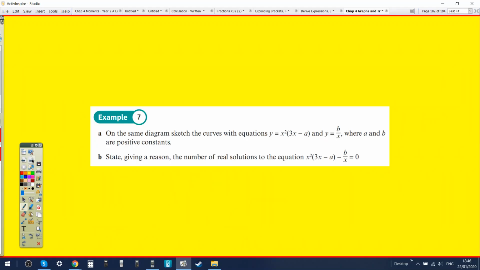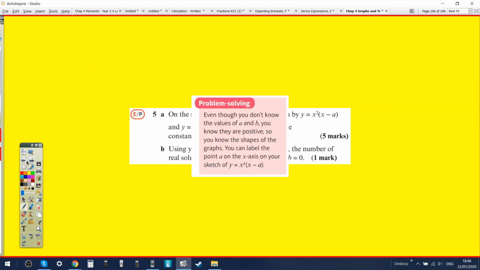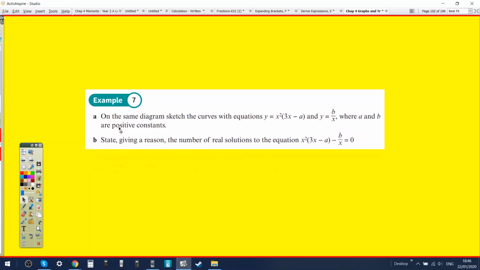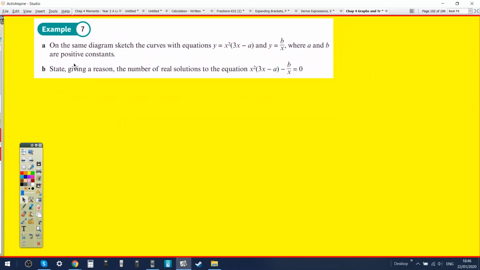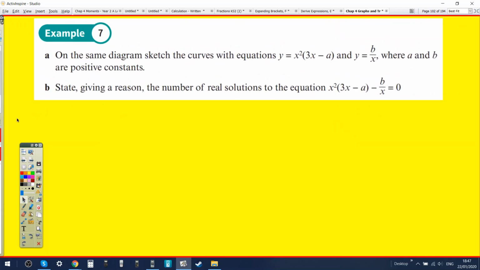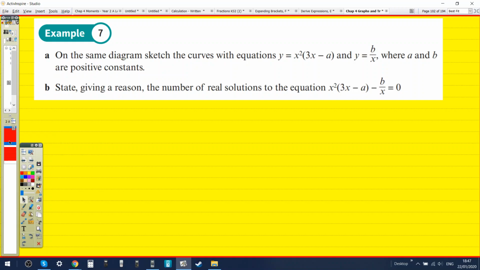Beauty. Oh, hang on, sorry. Okay, how do we do this weird one? y equals b over x. Is that in the second and the fourth? No. First and third.